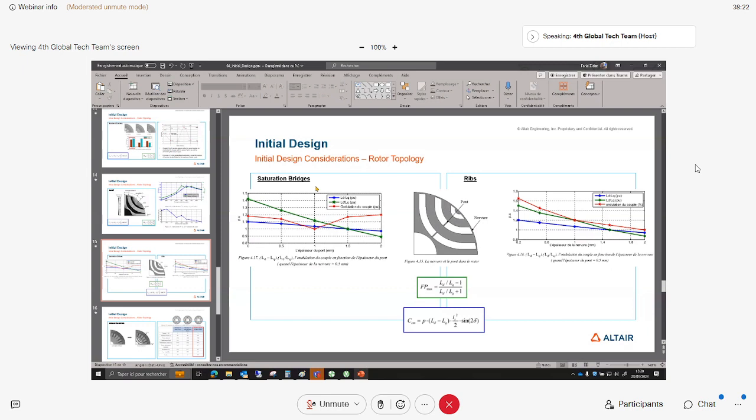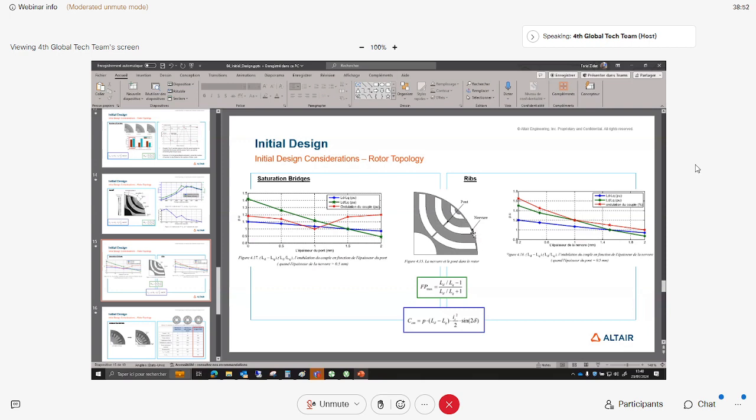Then, as we can see here, the one satisfying a good torque, a good power factor, and lower torque ripple is for the width of these bridges of 1 millimeter.